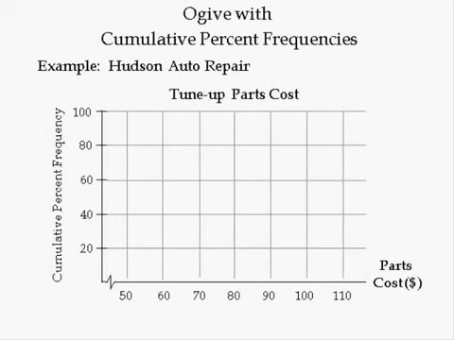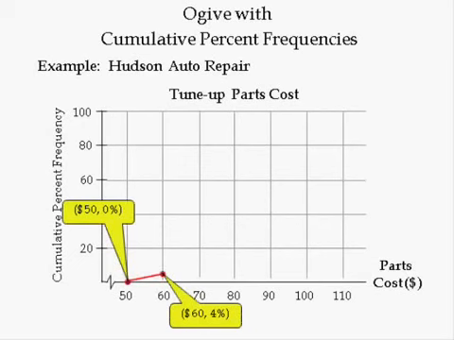On the y-axis, we could have cumulative percent frequency or cumulative relative frequency. In the diagram here, the y-axis is labeled cumulative percent frequencies. Hence, this ogive is a cumulative percent frequency distribution.